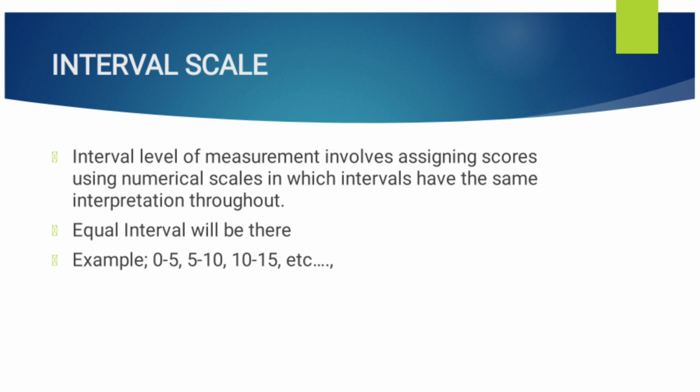We are choosing 5 categories based on equal interval. That's called the interval scale.